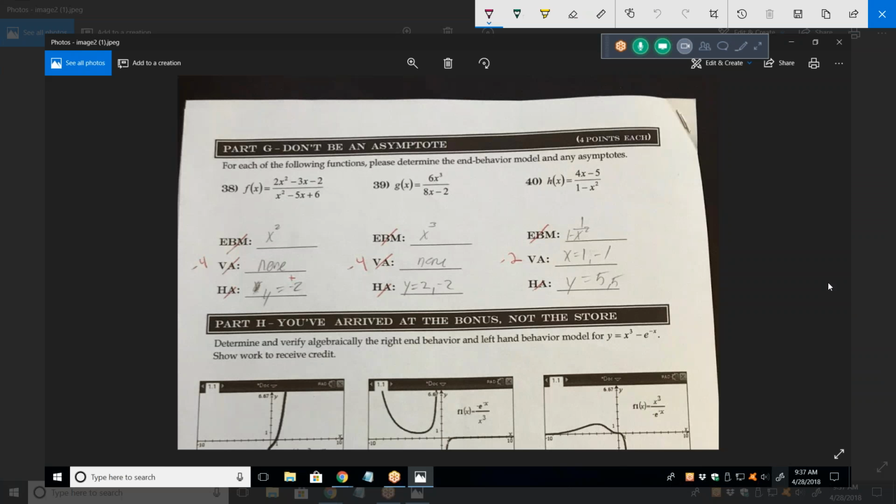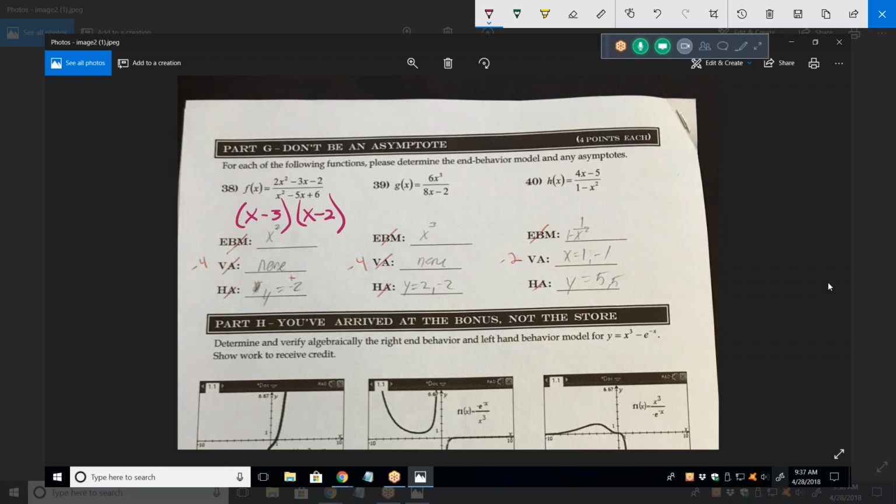Now how do I find the vertical asymptote? Vertical asymptotes always come when the denominator is 0. So factor this into x minus 3 times x minus 2.